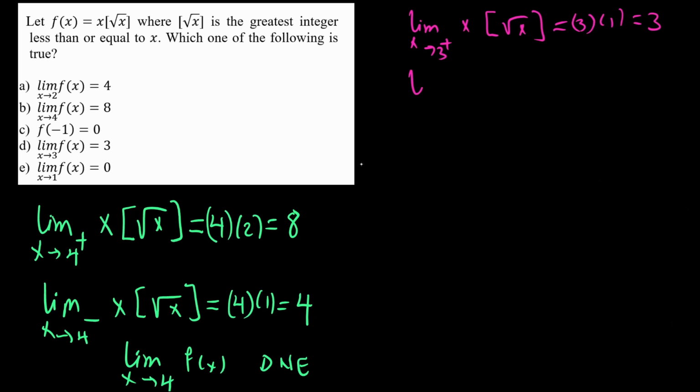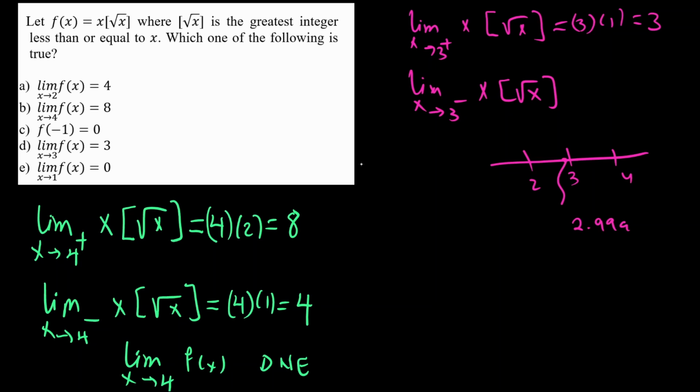Now if you investigate the limit as x goes to 3 from the left of x multiplied by the greatest integer of the square root of x, let's look at the numbers we are trying to approach. This is 3 and this is 4, this is 2. You come into 3 from this side, which means that you are talking about numbers such as 2.999. If you take the square root of that, that is going to be also very close to 1.7. Again, if it is 1.6 or 1.78 or 1.71, it doesn't really matter.